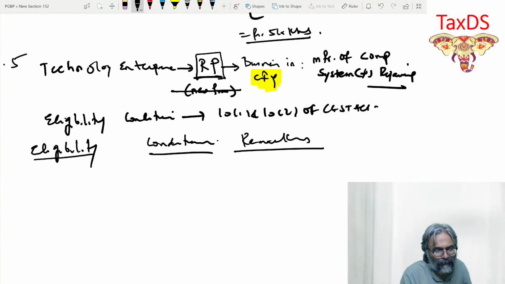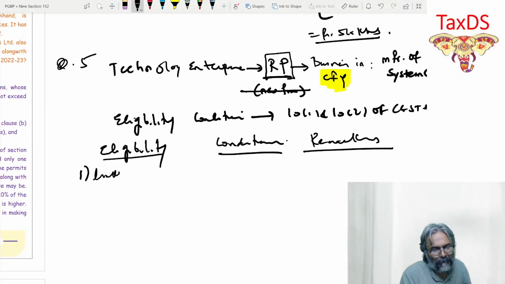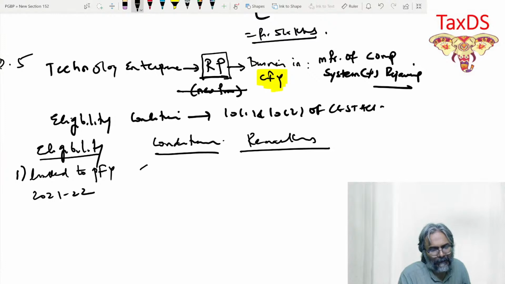In this particular context, the first eligibility condition is linked to the previous financial year 21-22. How much is that? Manufacturer: aggregate turnover up to rupees 150 lakhs.